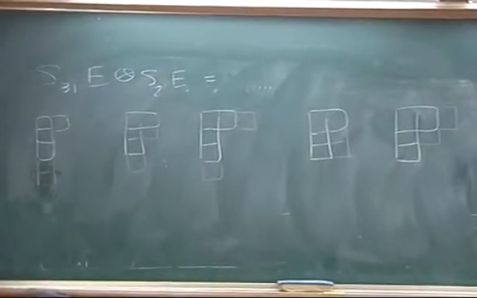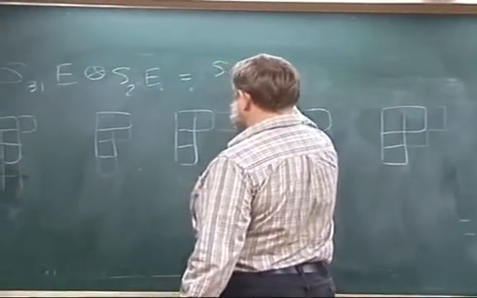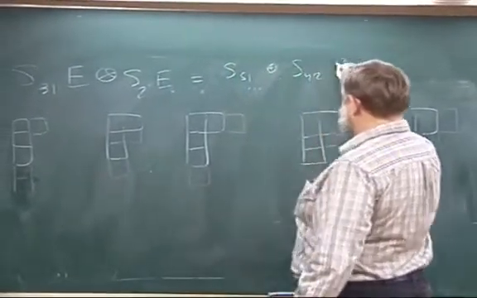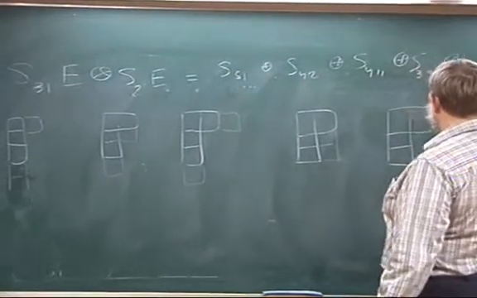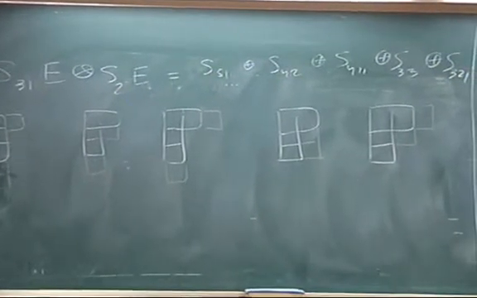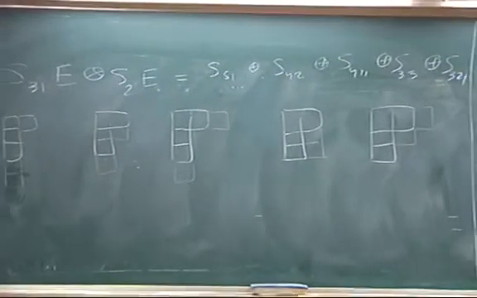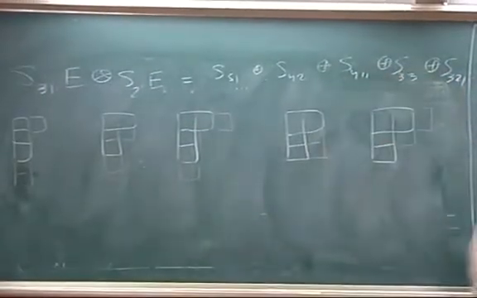There's no other way. So this means that this is S_51 plus S_42 plus S_411 plus S_33 plus S_321. And it's very important that this is multiplicity free.